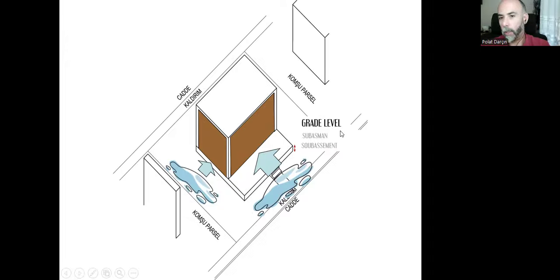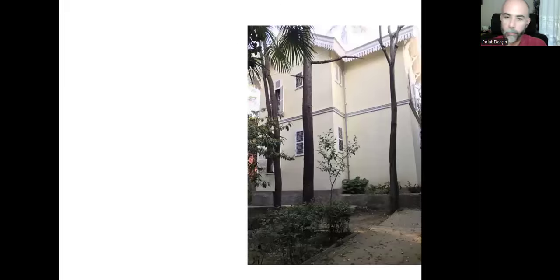That's why we need grade level, or find another solution if we don't want this height, if we don't want steps while we enter the building, because that can be a problem for handicapped people, or there can be other risks. So we need to find a solution. We can have the upper surface of the ground sloped away from the building, or we can have a drainage system.